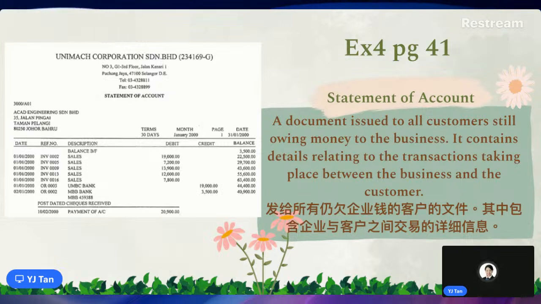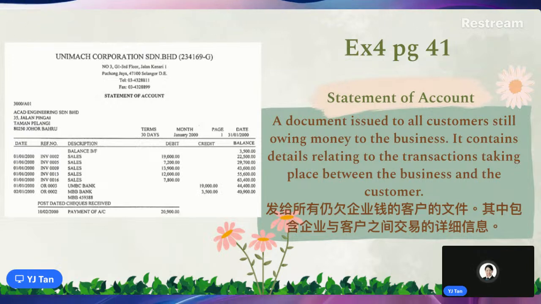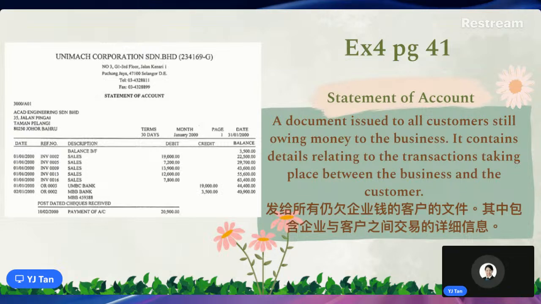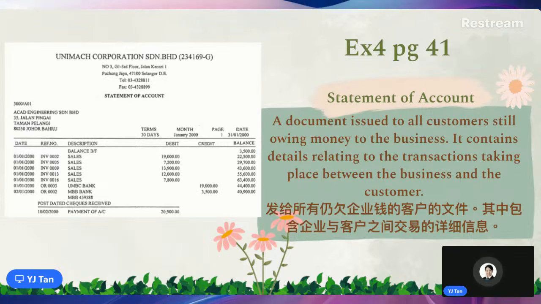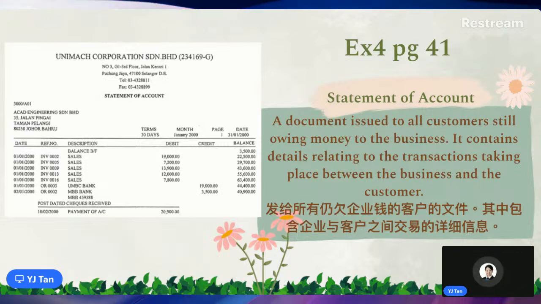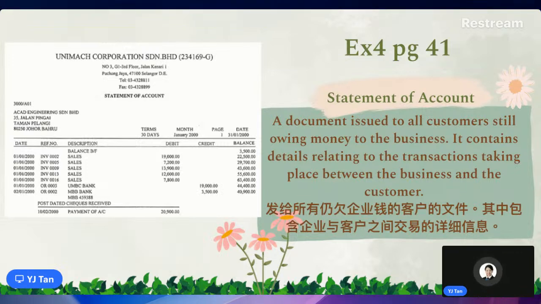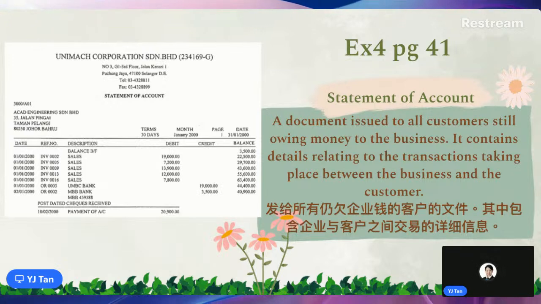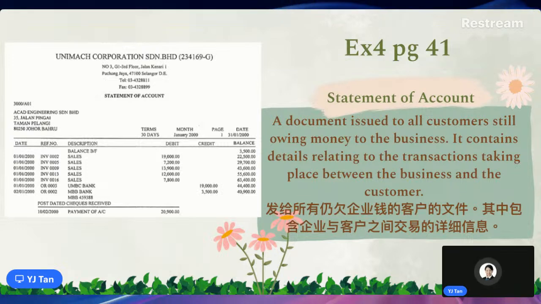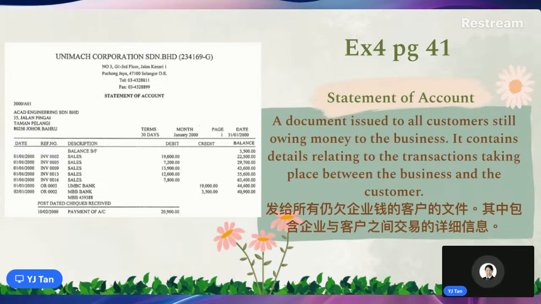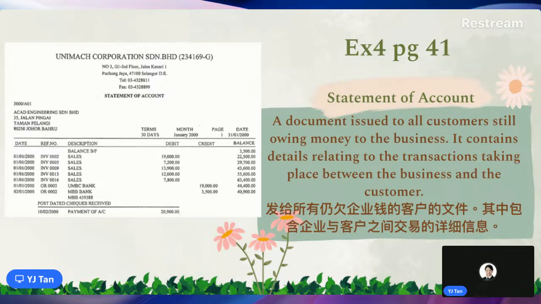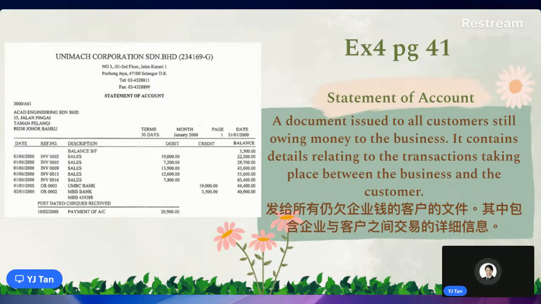And you can see below there are 5 particular invoice number transactions, which are about 19,000, 7,200, etc. That means after the balance carried forward of 3,500, ACAD continued purchasing from Unimatch for 5 particular transactions. All right, for all this invoice amount from Unimatch to ACAD, in the statement of account it indicates which invoice number.